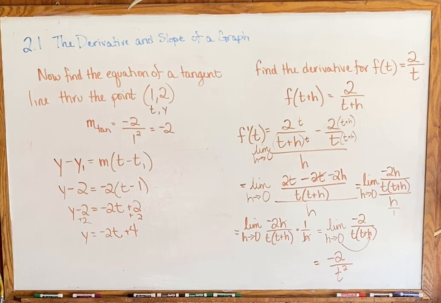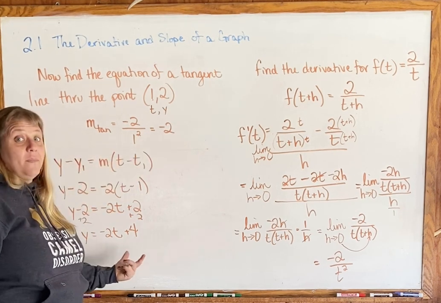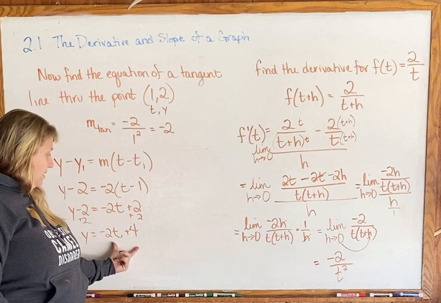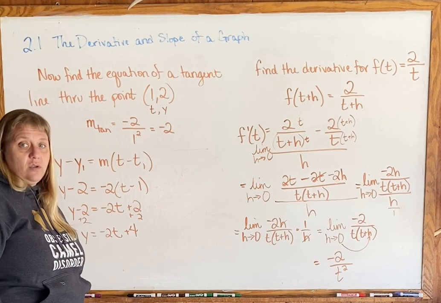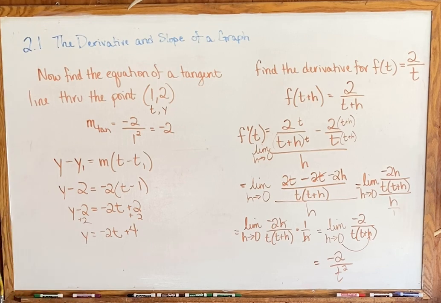So not only did we find the slope of our tangent line, -2, but we actually found the tangent line itself. Okay? The tangent line itself is -2t plus 4. All right, look good? Okay. So that's the process, that's what you're looking at.